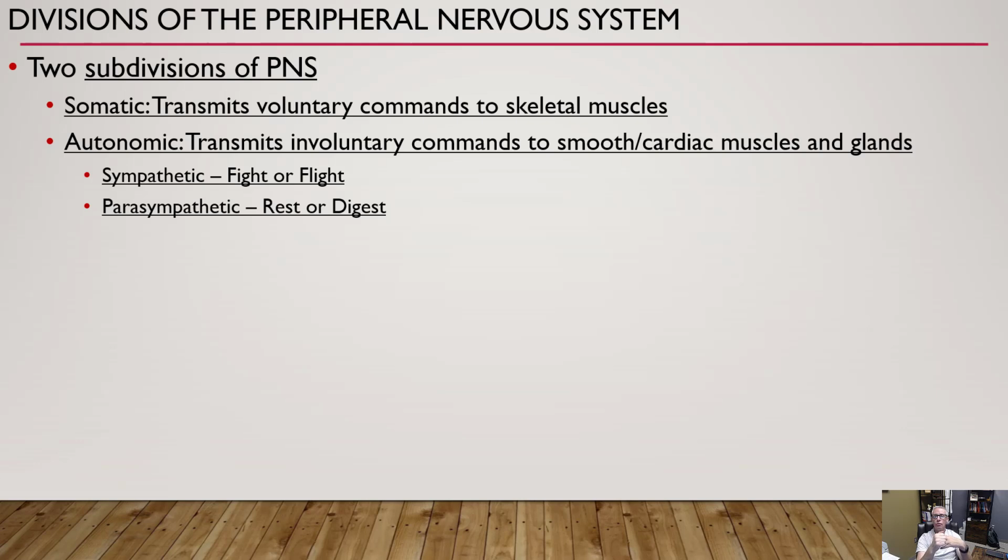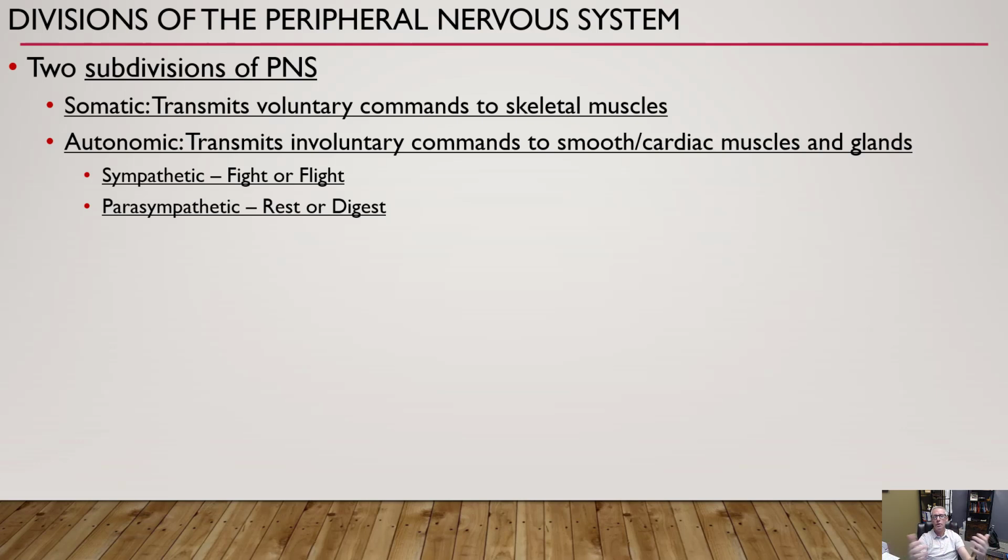We don't have any control over our glands, how much insulin our pancreas dumps out, how much oxytocin our pituitary gland dumps out, how much norepinephrine our adrenal medulla dumps out. So that would fall under our autonomic nervous system. I typically refer to the autonomic nervous system as the automatic nervous system because it happens subconsciously.